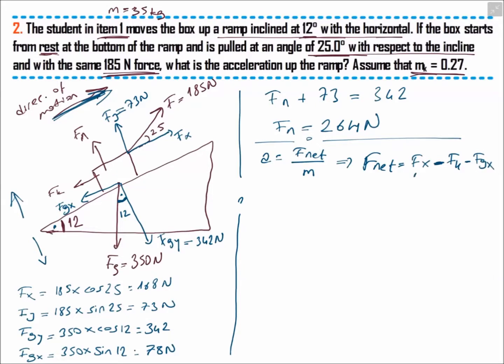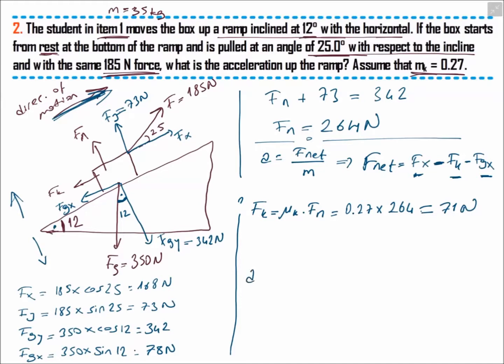Fx and Fgx we calculated, so here we have to calculate Fk. How can we calculate Fk? It is equal to mu k times Fn. Mu k is given in the question as 0.27, and as we calculated, Fn is 264. So Fk is going to be 71 Newton.